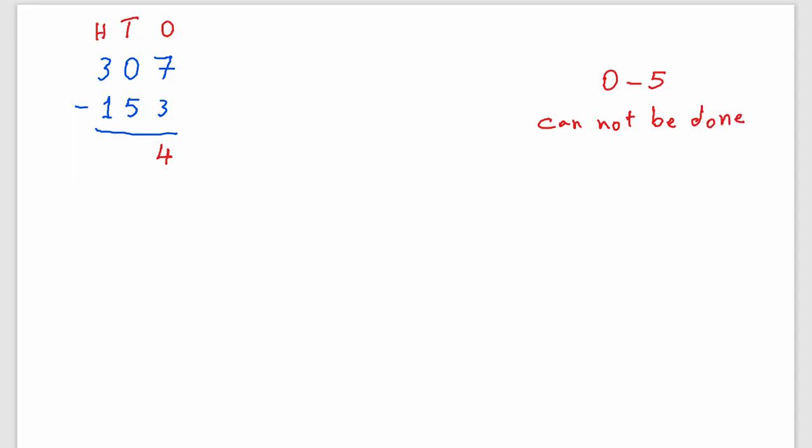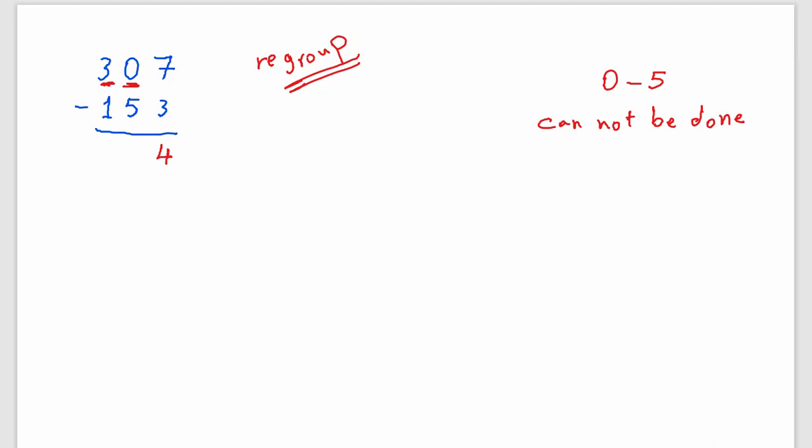To try to solve the question, we need to do something, we call it regrouping. Let's see how we can regroup. And before you regroup, you should think of what are the places that you are regrouping. I'm regrouping the tens and the hundreds.